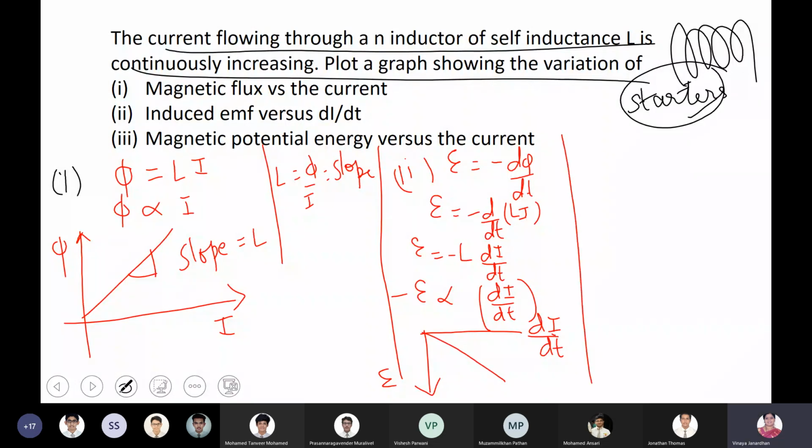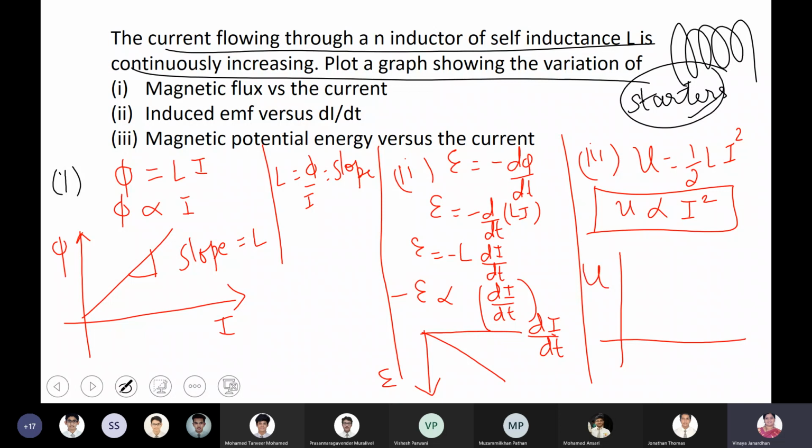Right? The third one is your magnetic potential energy U equal to half L I squared. L and half are constant. U is directly proportional to I squared. So U versus I will be a parabolic graph.